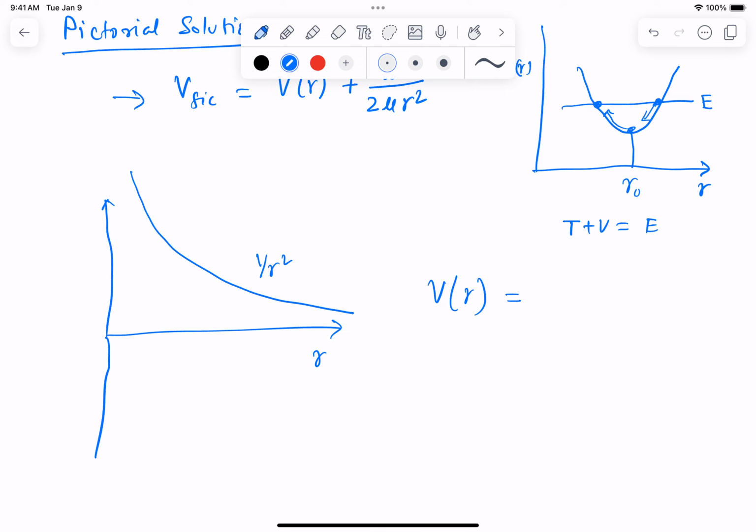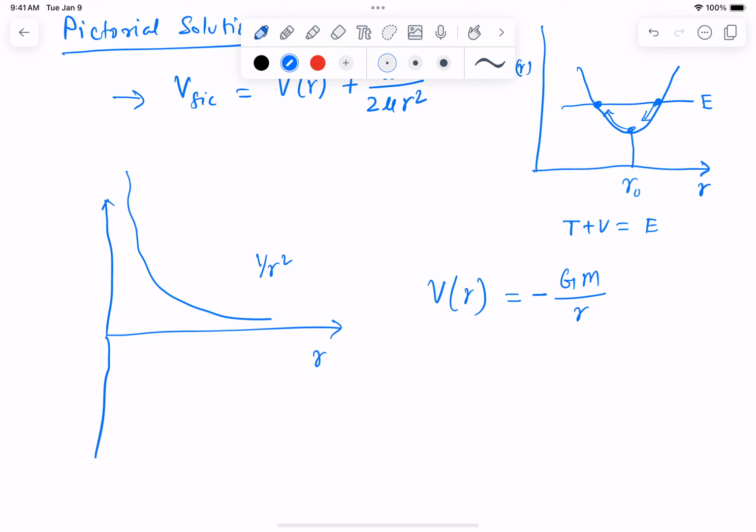That would be minus Gm over R. Now, how would minus Gm over R look like? Well, if this is 1 over R square, then minus Gm over R would be a little bit more shallow, something like that.